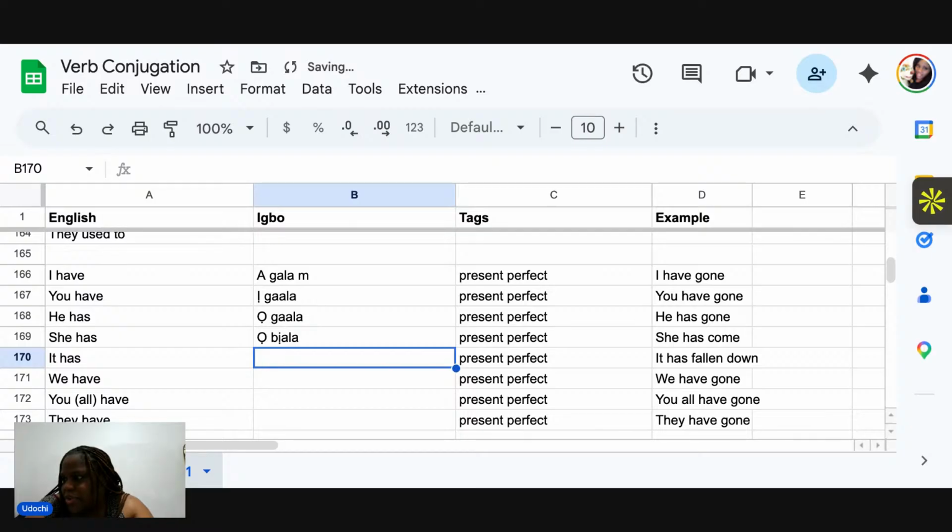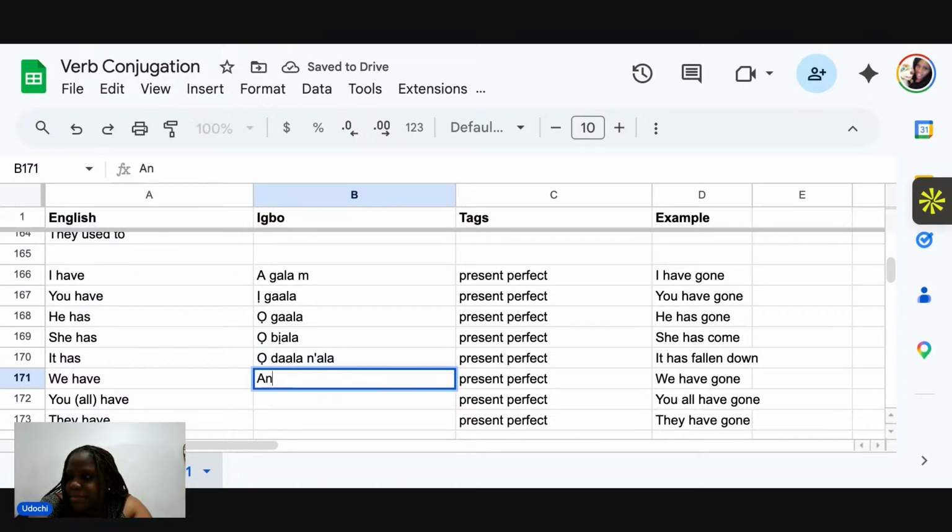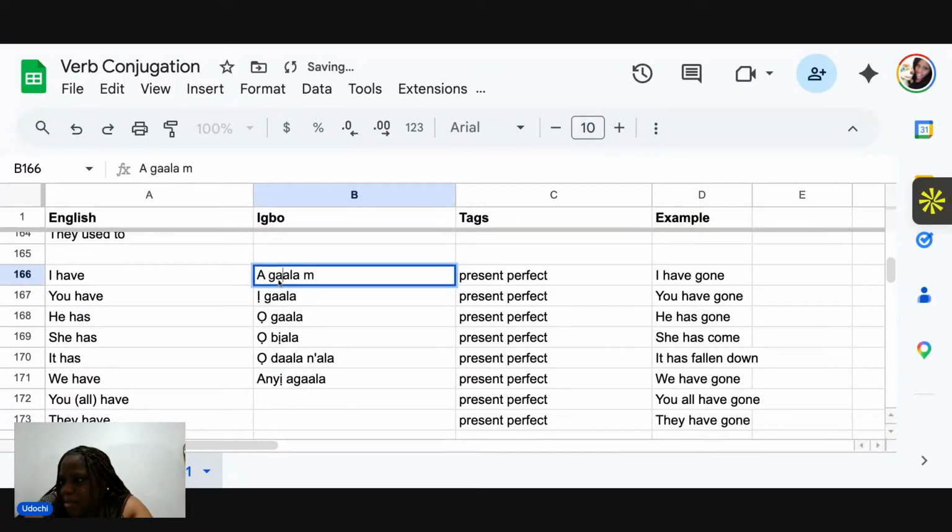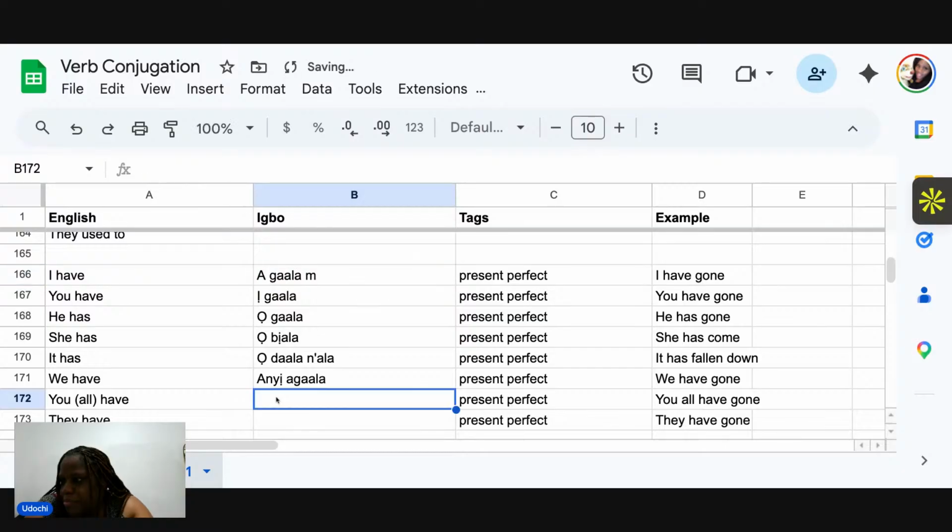It has fallen down, or Gala, Nala. We have gone, Anyị, Agala. I think this is what they're here. Anyị agala.